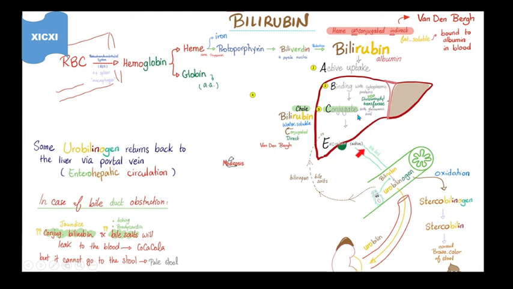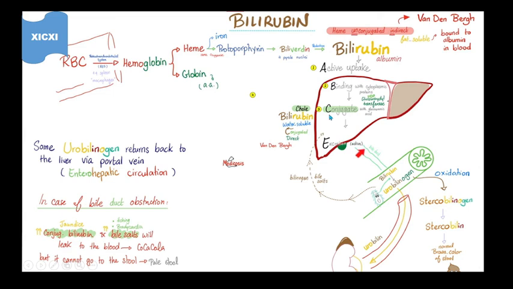So now, after adding this glucuronic acid to the unconjugated bilirubin, our bilirubin is the conjugated one. It is called conjugated bilirubin or direct bilirubin because it is now positive on the Van den Bergh test. This bilirubin is a waste product.